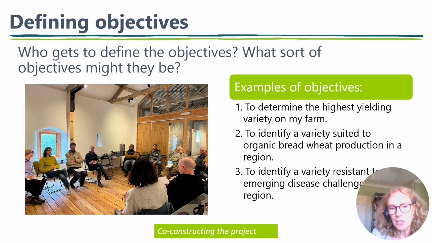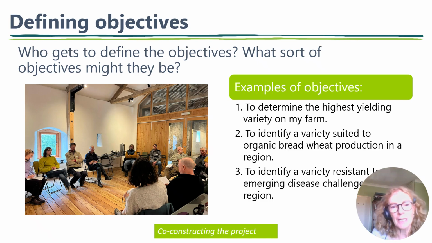So we can imagine a collaborative, open dialogue in a workshop setting like shown in this picture, where together you would brainstorm and work on objectives. You might do some sort of SWOT analysis of the current situation, try and really home in on what are the barriers to identifying the best cultivars, and what are some of the outcomes you might want from a trial involving cultivar trials.